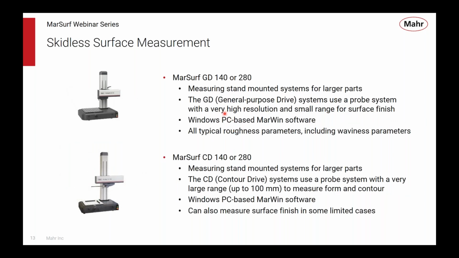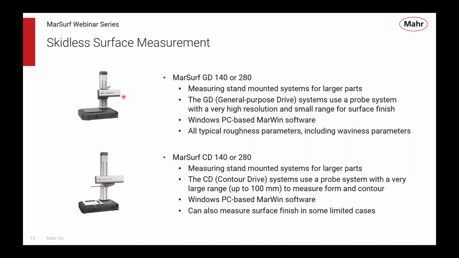Stepping up from that, we would have the GD systems, 140 or 280 millimeters, and that refers to the length of this drive unit here, either 140 or 280 millimeter long travel. So I can take 140 millimeters of measurement all in one measurement. The general purpose drive systems use a probe system that is specifically tailored towards making really good roughness measurements.